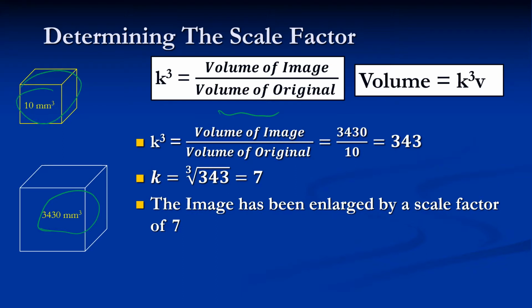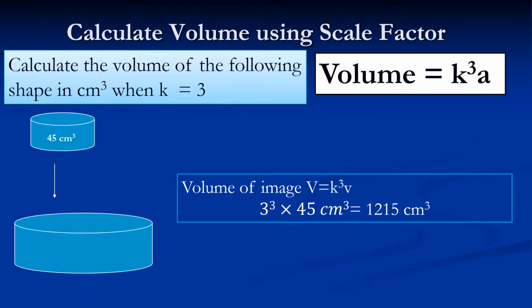If I divide the volume of the image by the volume of the original, we get 343. Now to find the scale factor, we just need to find the cube root of 343. In this case, it is 7. So we can say that this image has been enlarged by a scale factor of 7.